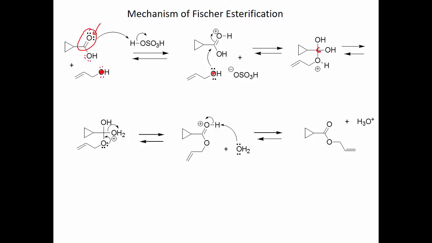Here it is. Let's keep that one colored. There it is there. Here it is right here. And here it is here. And here it is in the final product. That's why we call this, of course, the alcohol part, because all of those atoms come from the alcohol. And these are the atoms that came from the acid.